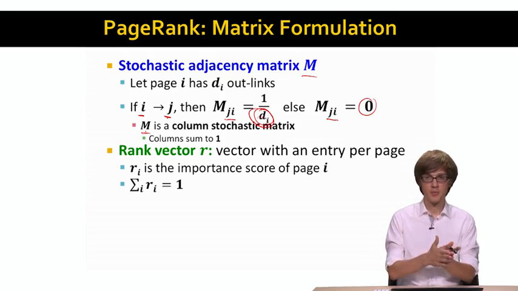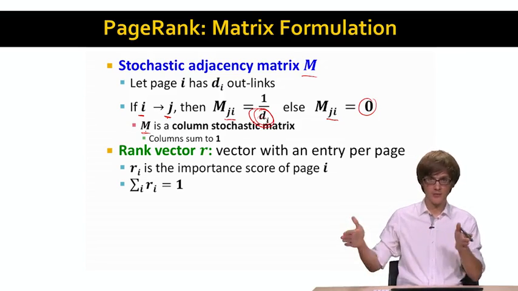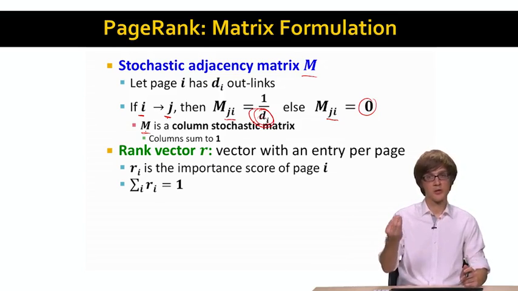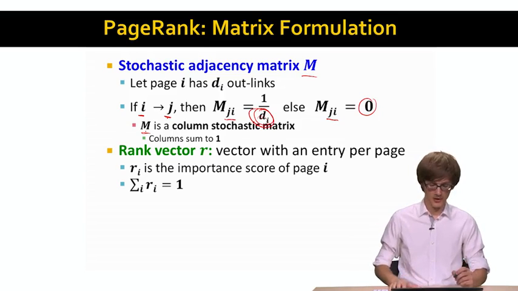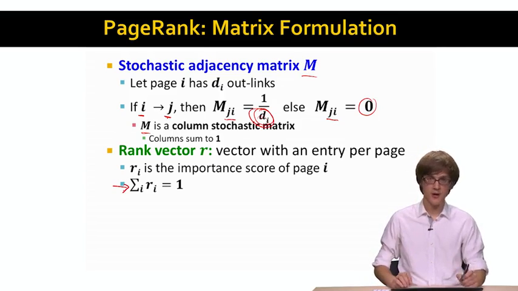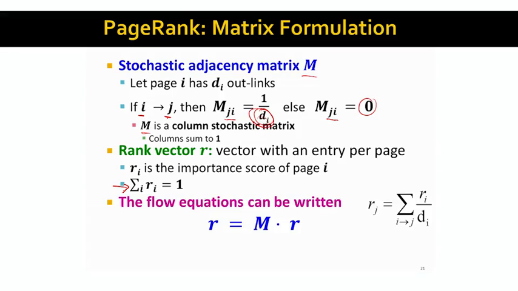We can think that our pages are numbered 1, 2, 3, 4, 5 up to n. So we have a vector of length n, and every entry in this vector corresponds to the PageRank score of a given page. Okay, so that is all good. And the other thing we know from before is that the sum of the entries of our vector equals 1. That was the constraint of the flow equations we had on the previous slide.